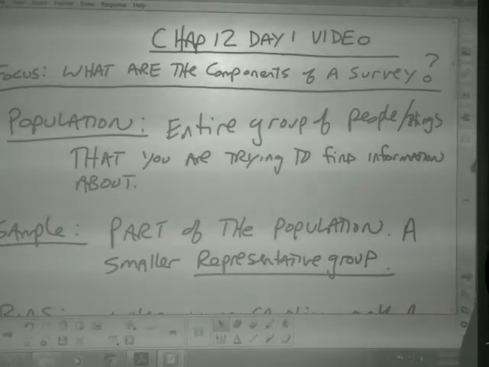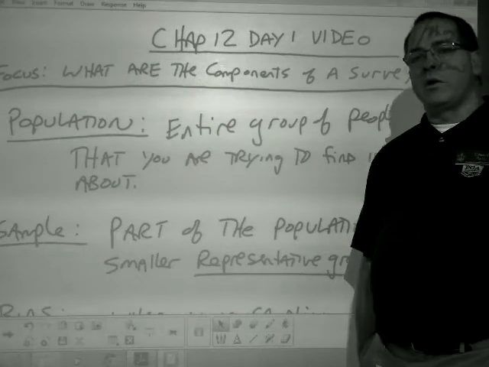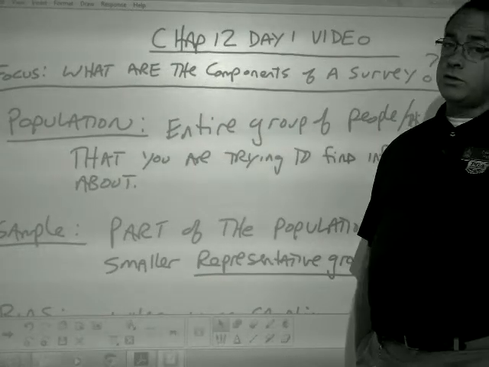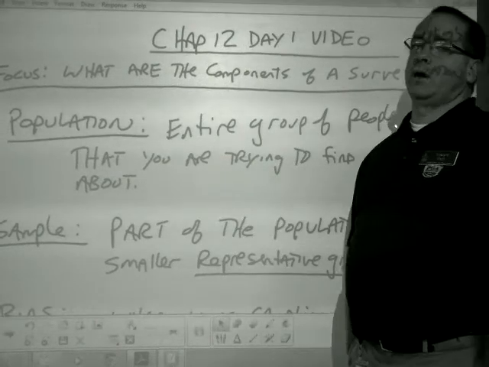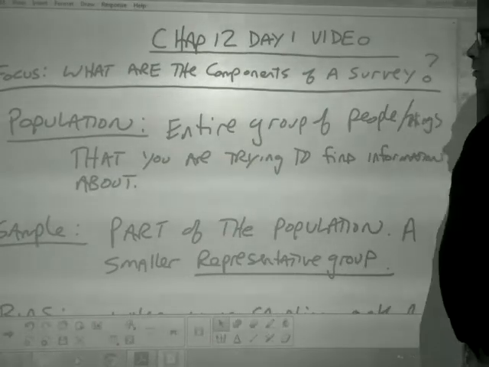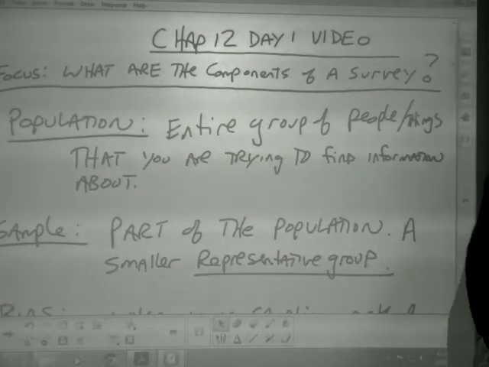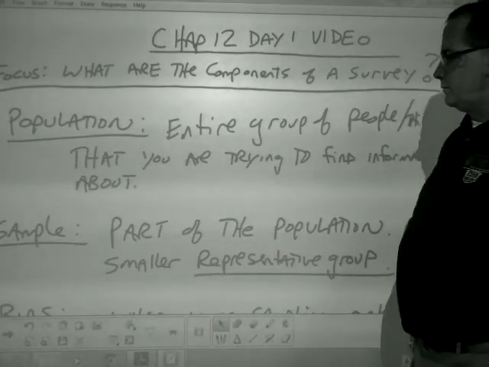If you're trying to figure out what proportion of people drive a car with their seatbelt on, well, you need to define a little bit better. Are we talking about teenagers? Are we talking about all drivers? What are we talking about? So the population is defined to be just the entire group that you're trying to get information about.